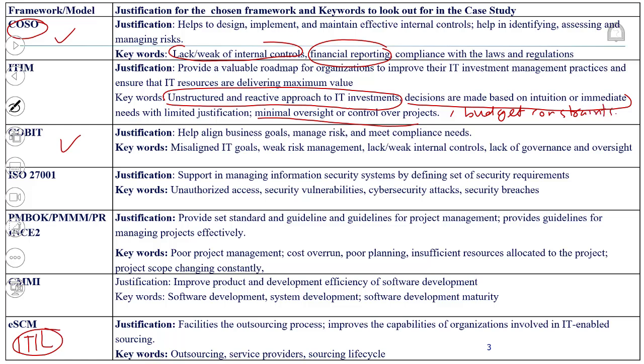That's another indicator that actually you're not properly doing your IT investments. Okay, so it can help with that, and the justification you can provide is that it provides a roadmap for organizations to improve their IT investment management practices and ensure that IT resources are delivering maximum value.